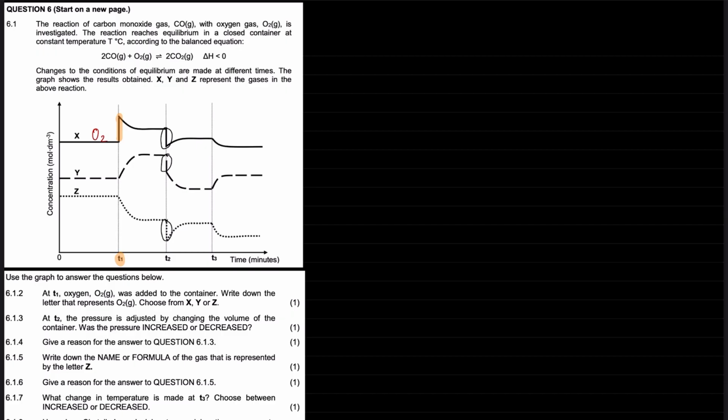Let's just track the oxygen graph because we know it's oxygen. Oxygen decreased sharply and then it had a gradual increase. If I write this reaction, 2CO plus O2 gives me 2CO2.